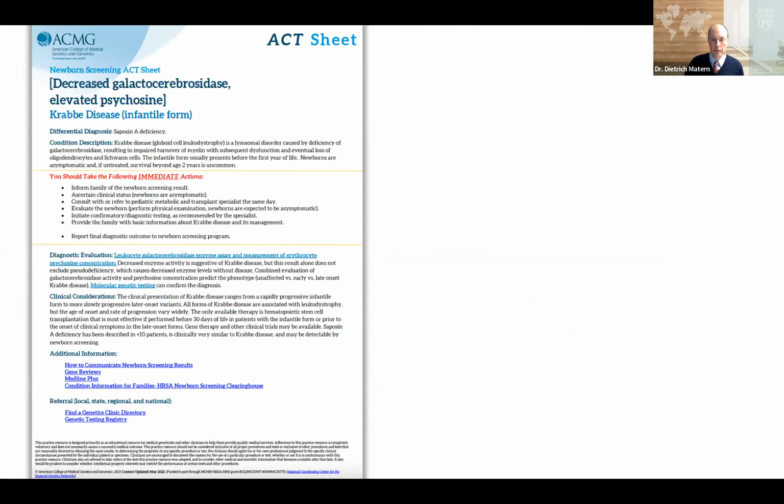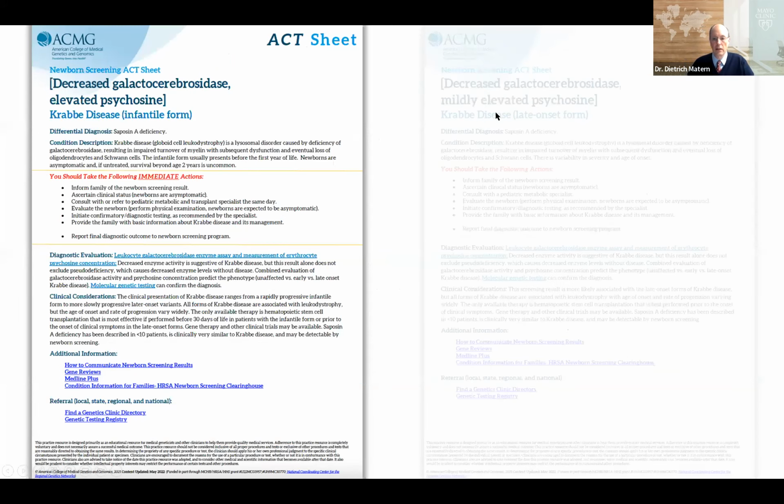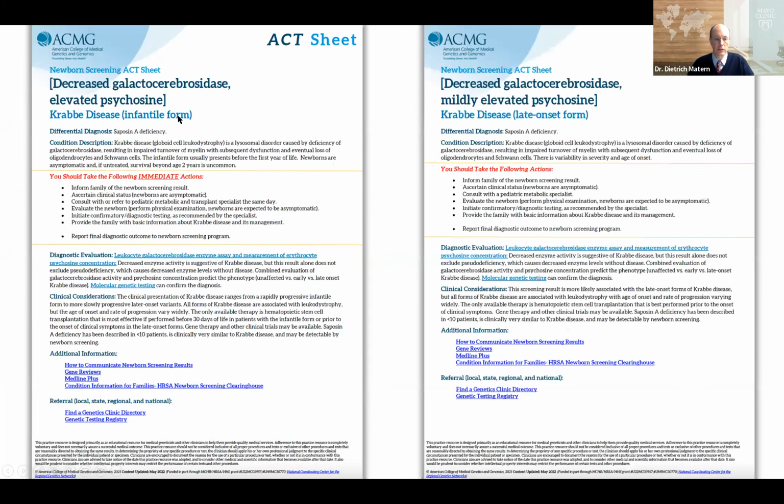The American College of Medical Genetics and Genomics has published an ACT sheet for infantile Krabbe disease and for the late onset form, based on the psychosine levels. The difference here is that for the infantile form, there is an urgency applied, and it talks about the necessity to have that treatment as soon as possible if the family wants to follow through with it, which of course is something they need to decide after being informed about the options and the consequences of everything.